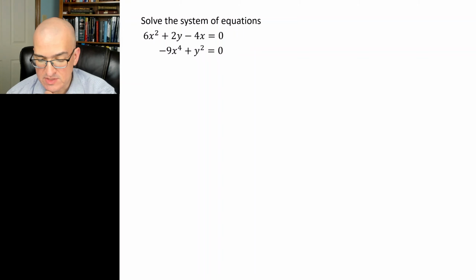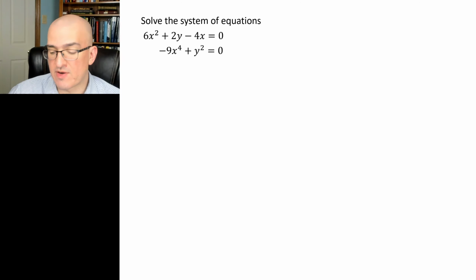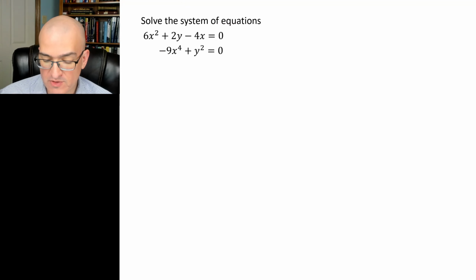We have this set of nonlinear equations in terms of x and y, and the goal is to solve for x and y together at the same time to find what combination of x, y values, if plugged into the first equation and into the second equation, will make left-hand side equal right-hand side.